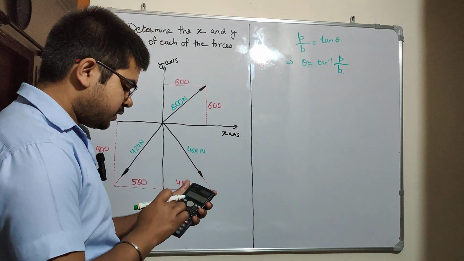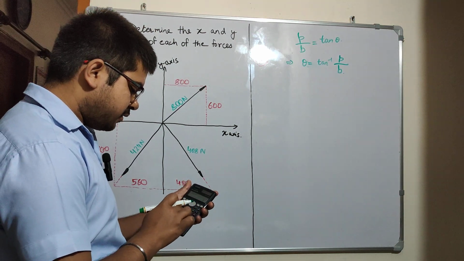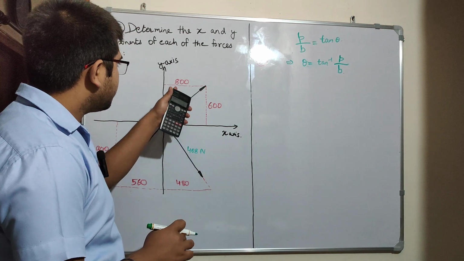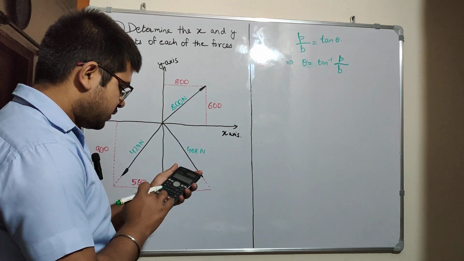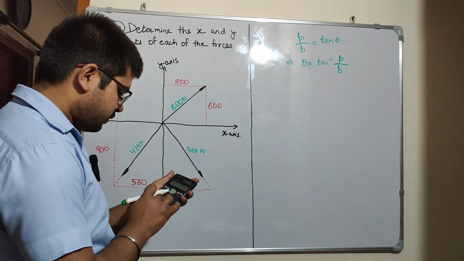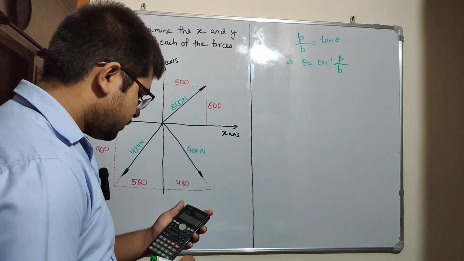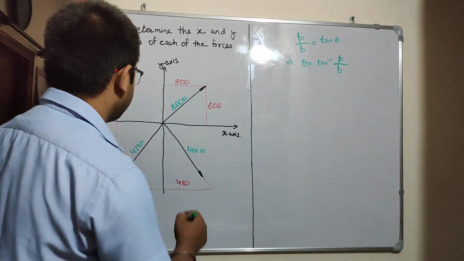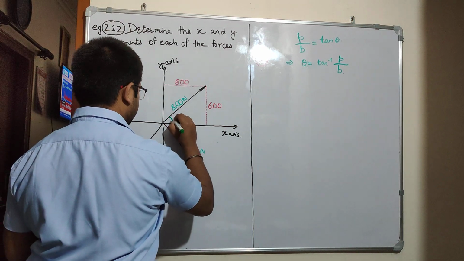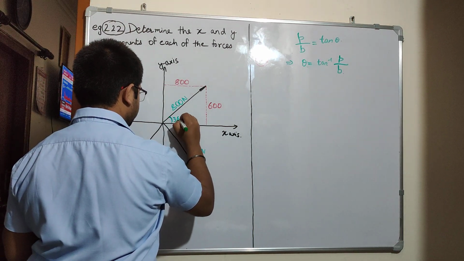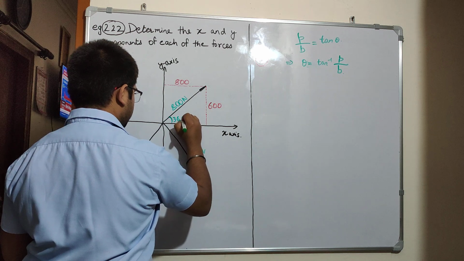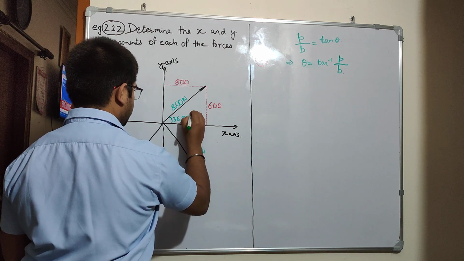Punch in the value, shift tan inverse, P is 600 and B is 800. 600 divided by 800 gives 36.87 degrees.